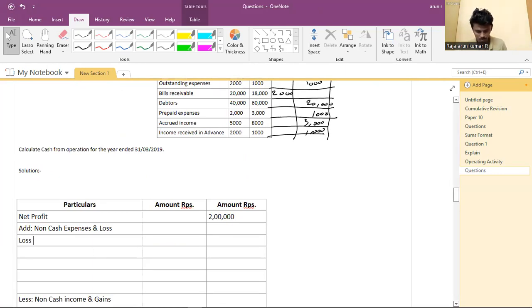Loss on sale of fixed asset, depreciation, amortization.